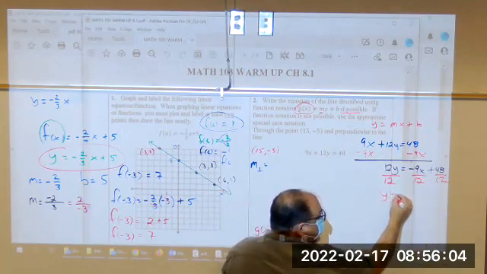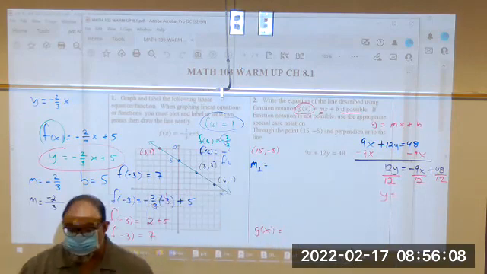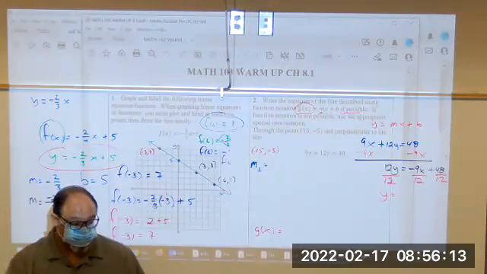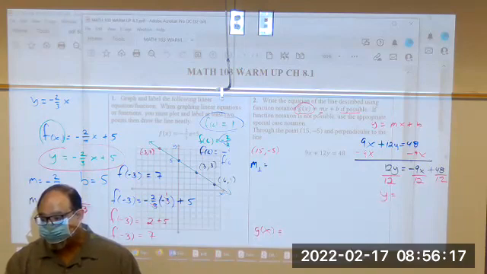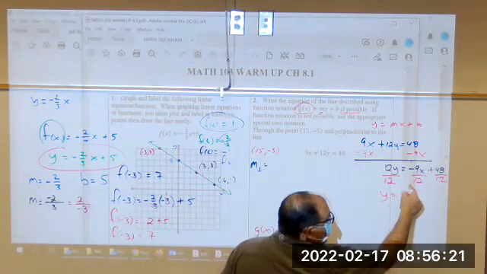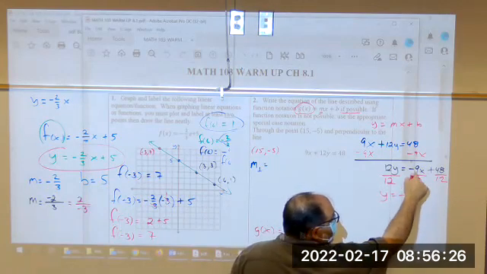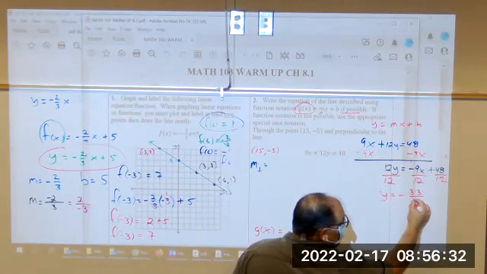So there's y equals. Now, I keep telling you guys, simplify, reduce fractions, reduce your fractions. A negative over a positive is going to be a negative. 9 is 3 times 3. 12 is 3 times 4.